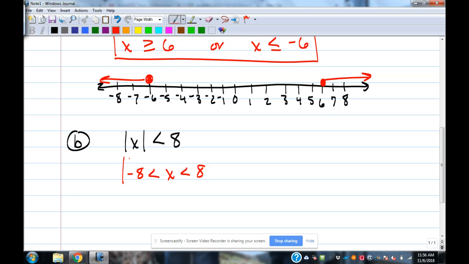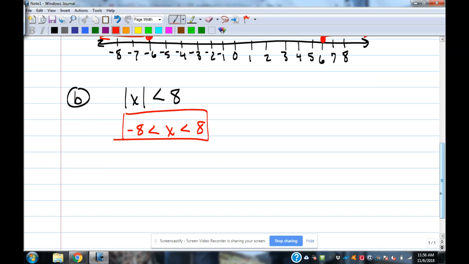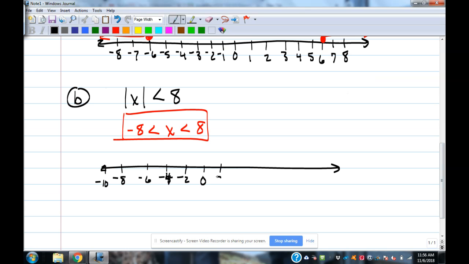That's already done. The X is by itself. Don't have to do anything. When I put that on the number line, I'm going to help myself out here. Negative 10, negative 8, negative 6, negative 4, negative 2, 0, 2, 4. What goes above the negative 8? Open circle or filled in? Why?